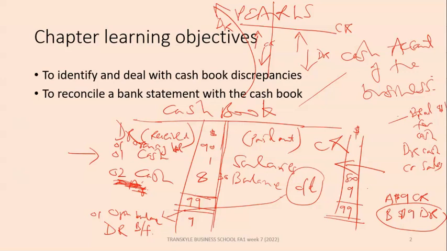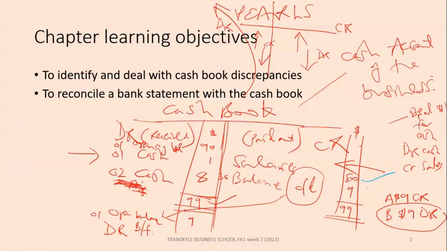So the other trick is, when one of those sides, debit or credit, is larger, like for example, in this case, the larger side was the debit side because it had 99 versus only 80.